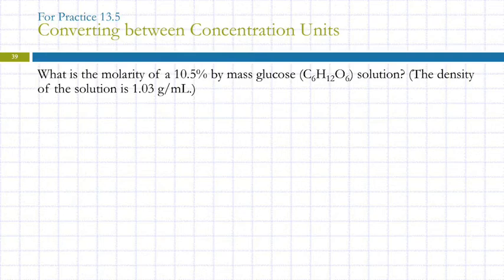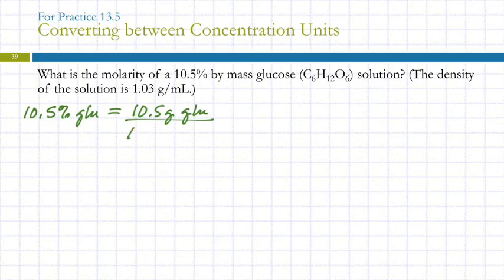Well, let's just take our numbers and write them down. 10.5% glucose. So that means 10.5 grams of glucose per 100 grams of solution. Because percent is this many parts per 100 parts. And as long as you use the same unit on the top and the bottom, you're fine.